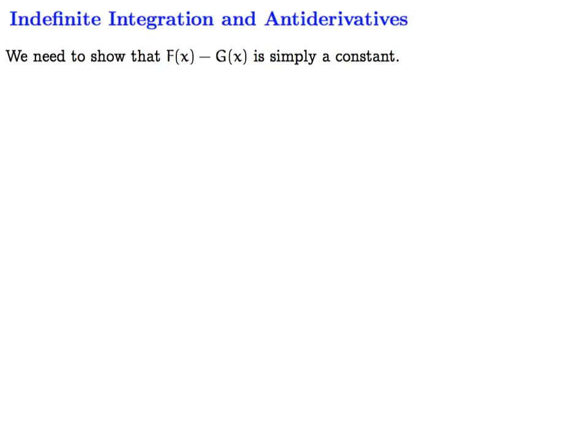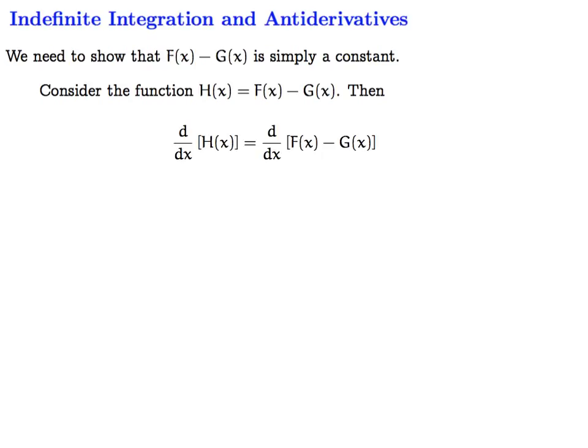The other part isn't so bad either, that when we subtract the two of them, we get a constant. Once again, all we have to do is take their derivative. Let's consider a function h of x. Suppose we take these two things and make it into a function. Let's take the derivative. We take the derivative of the inside, and because there's this nice subtraction in the middle, we can split up this derivative.